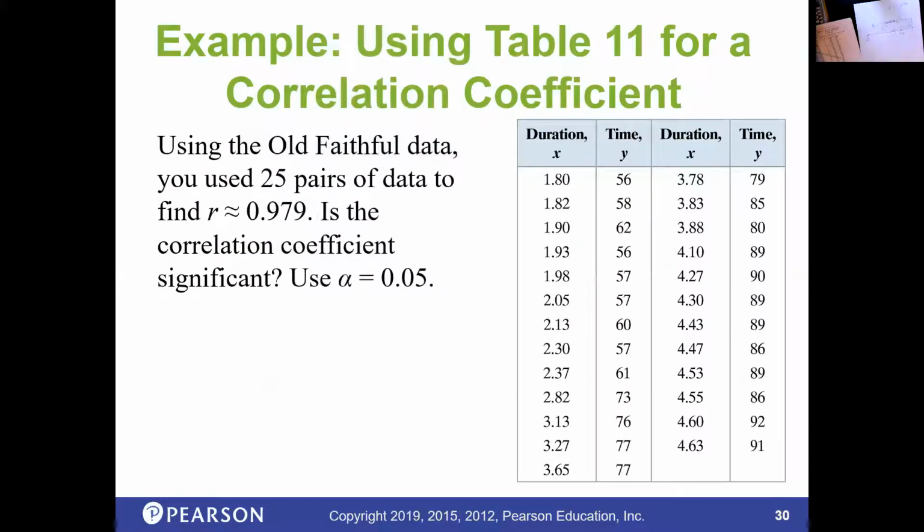So let's look at this again with the Old Faithful data. So there are 25 pairs of data. Alpha equals 0.05.